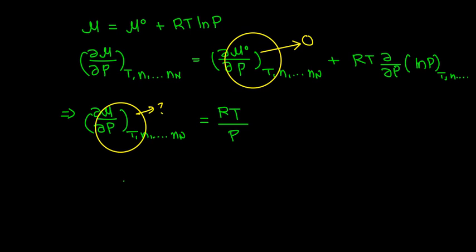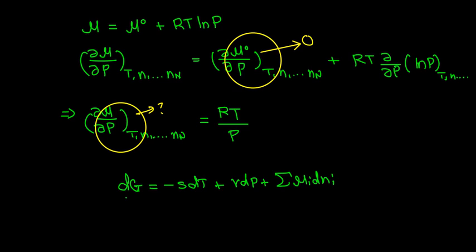Indeed, because I have dG, a simple rearrangement will show this, dG equals minus SdT plus VdP plus summation mu i dni.